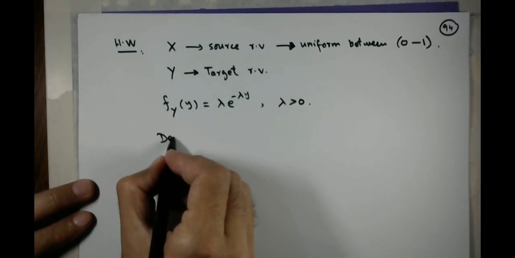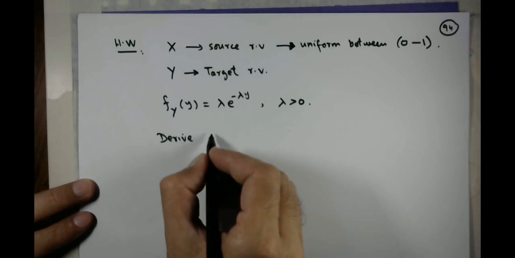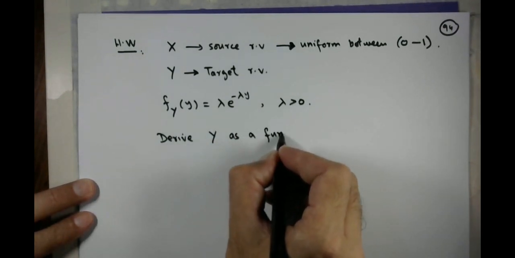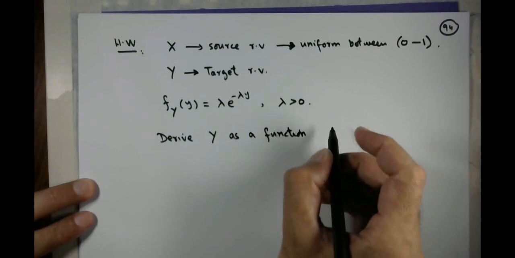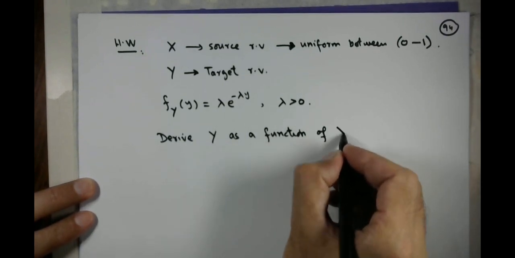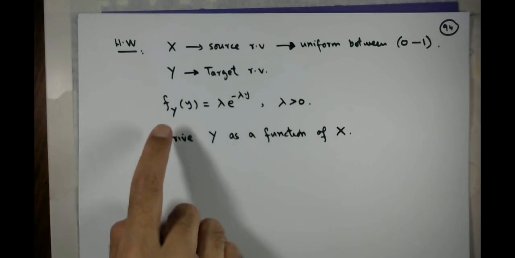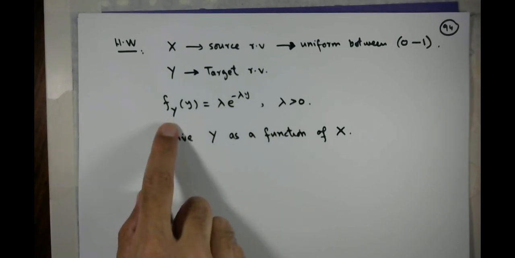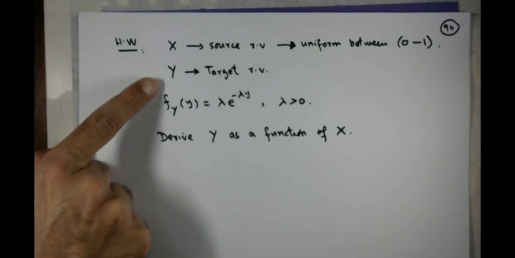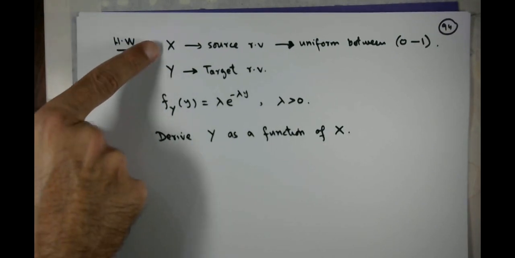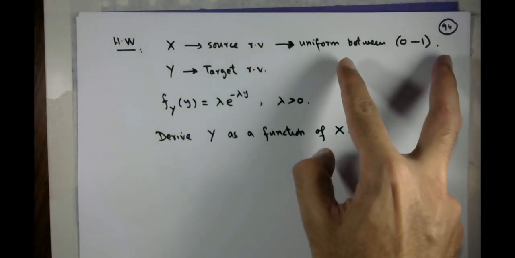You derive y as a function of the source random variable x. So the distribution of y is given, which is the distribution of the target random variable in this shape. X is the source random variable, but its distribution is already given.